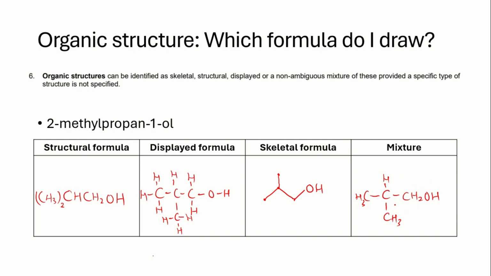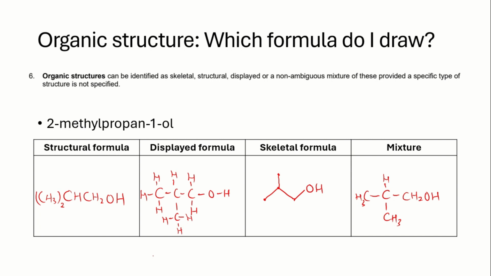And it is not exactly a displayed formula because I don't show every single bond in the structure. So this one is just to show you the types of formulas that we can use in drawing organic structures.